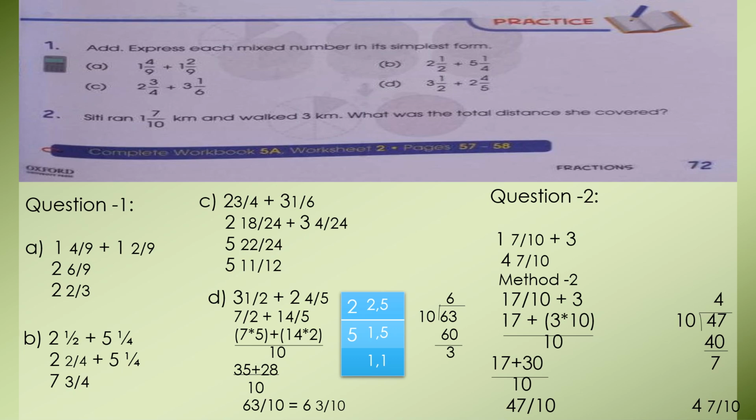So we have 17 plus 30 divided by 10, which is 47 over 10. And if we divide 47 by 10, we have 10 into 4 is 40, and we have 7 as remainder. So we have 4 whole number 7 over 10 as an answer, which is the same as we concluded with method 1.